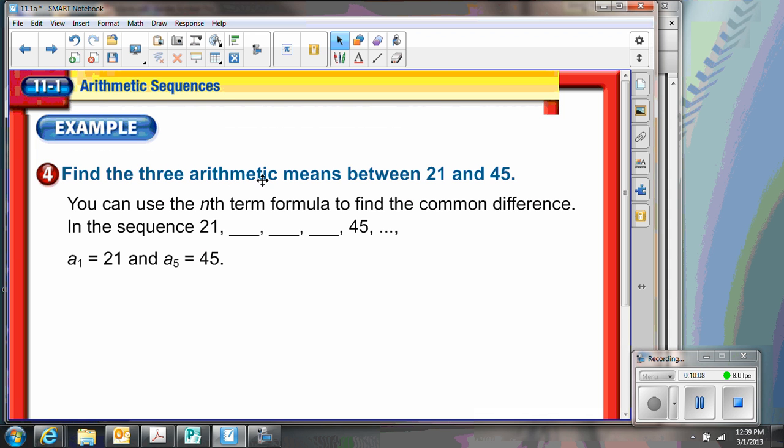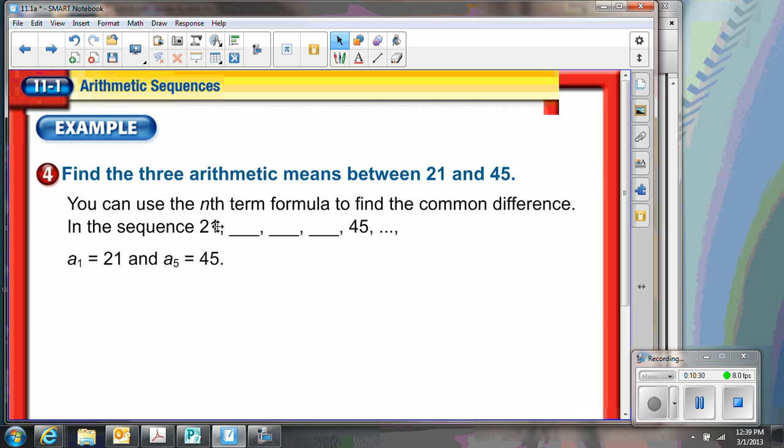Find the three arithmetic means between 21 and 45. So the idea here is I know 21 and 45 are two numbers of a sequence, but I do not know where they are in relation to each other. This is telling me there should be three numbers that fall between 21 and 45, hence the three arithmetic means.